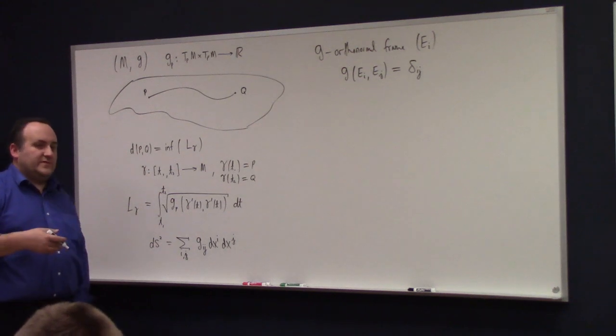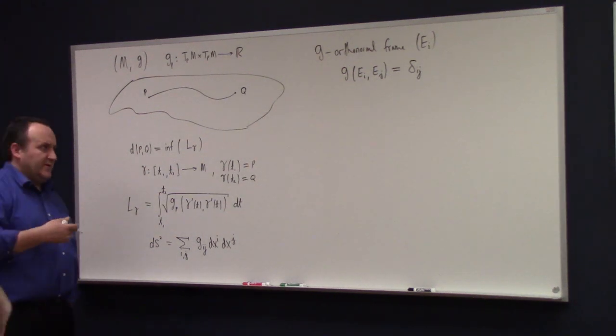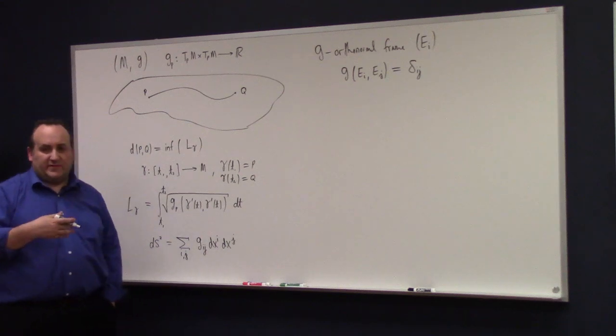I say G-orthonormal because for a given set of points, we might have more than one possible metric.